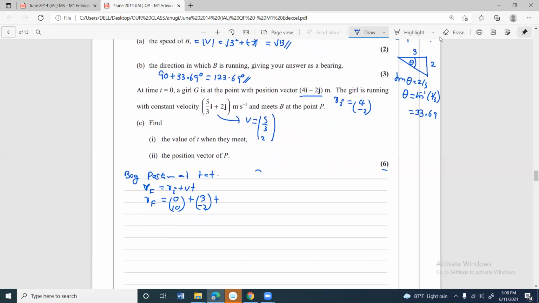Then for the girl, we can also find the position at time t. So apply r_f equals r_i plus vt. The initial position is 4, minus 2. Velocity is 5 over 3, 2, times t. So this is 4 plus 5 over 3 t, minus 2 plus 2t.